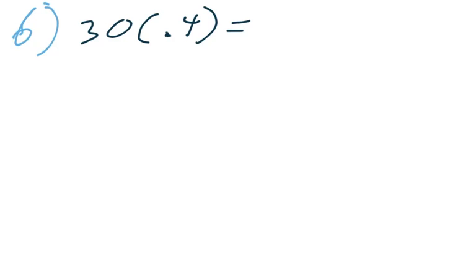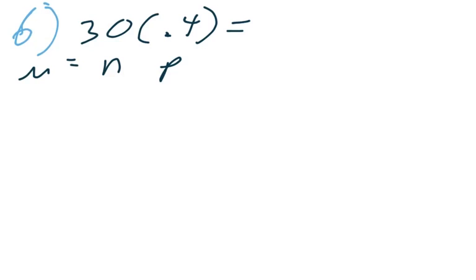For problem number 6, in a large population, so we're not going to worry about independence, 40% have experienced math anxiety. If you take a random sample, what is the mean and the standard deviation? The mean will be 30 times 0.4, because this is n times p for the mean. And I will give you that formula on the test.